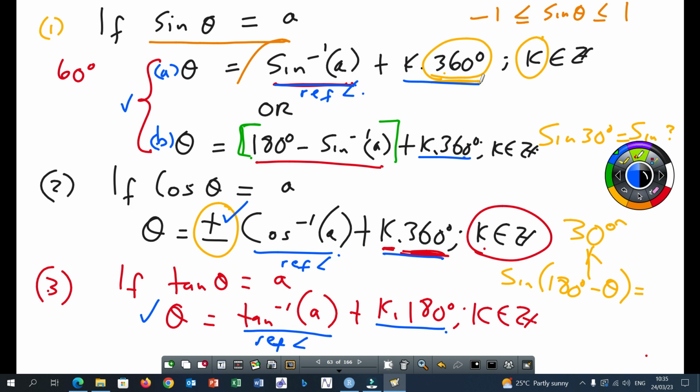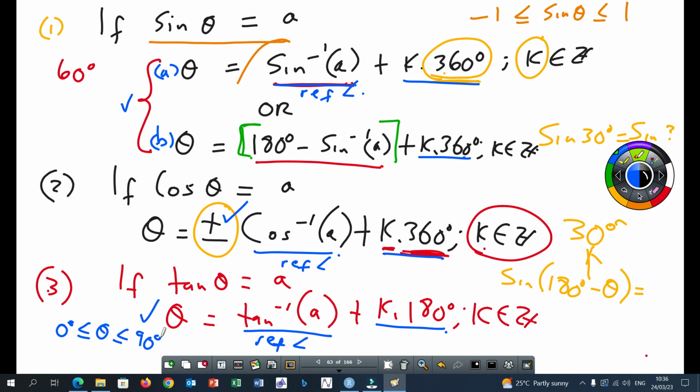Last year in grade 10, you were always given a restriction that theta lies between 0 degrees and 90 degrees. That was just a way of simplifying things. In grade 11 and 12, things are going to change.